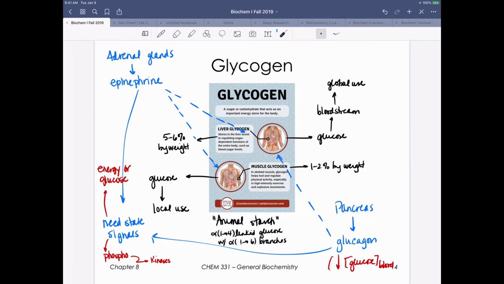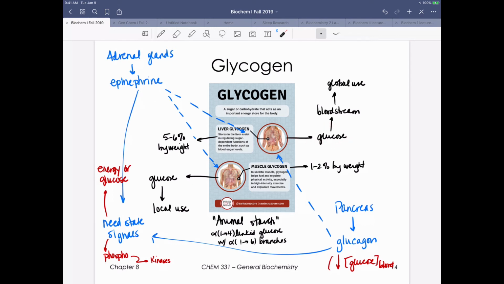Your adrenal glands, in kind of a fight or flight response, produce and release epinephrine. So what's interesting is epinephrine can actually have responsiveness in both of these tissues. So again, an epinephrine response in the liver will do the same thing as glucagon.